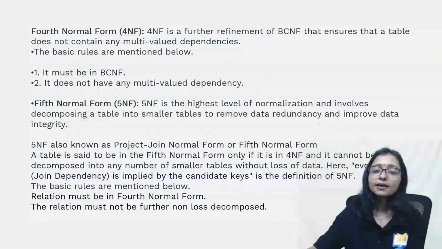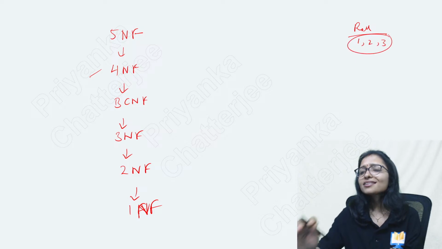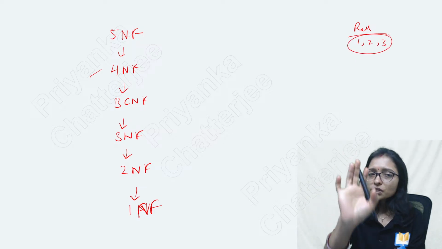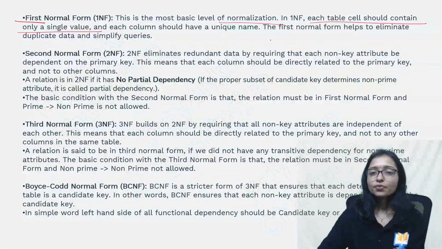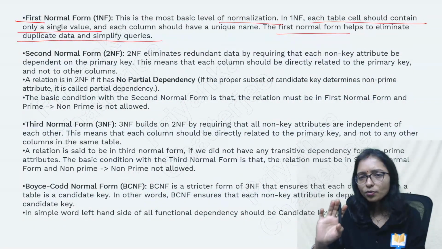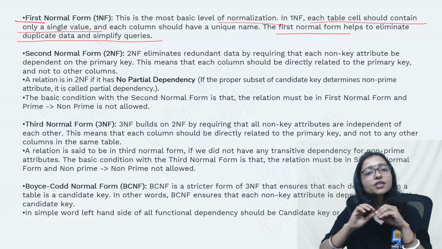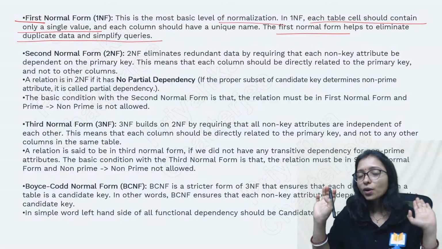For example, in roll number one cell, 1, 2, 3 is not possible. So single value in single cell, that is 1NF. And first normal form eliminates duplicate data and simplifies the query. There is no other restriction in 1NF.